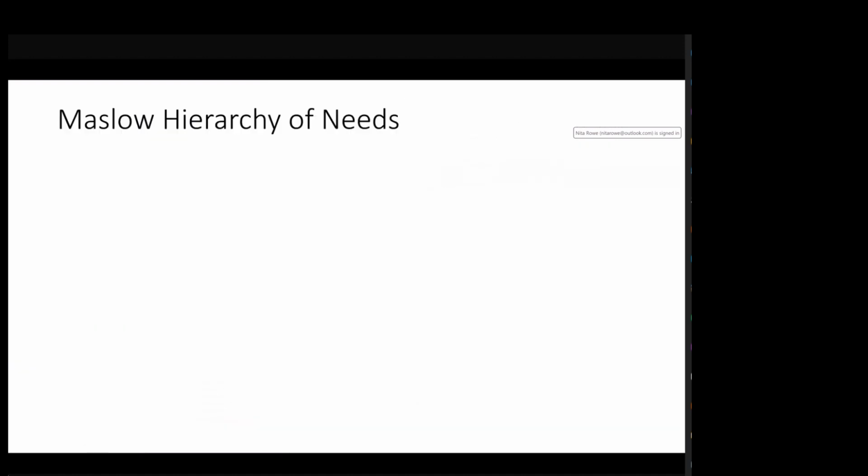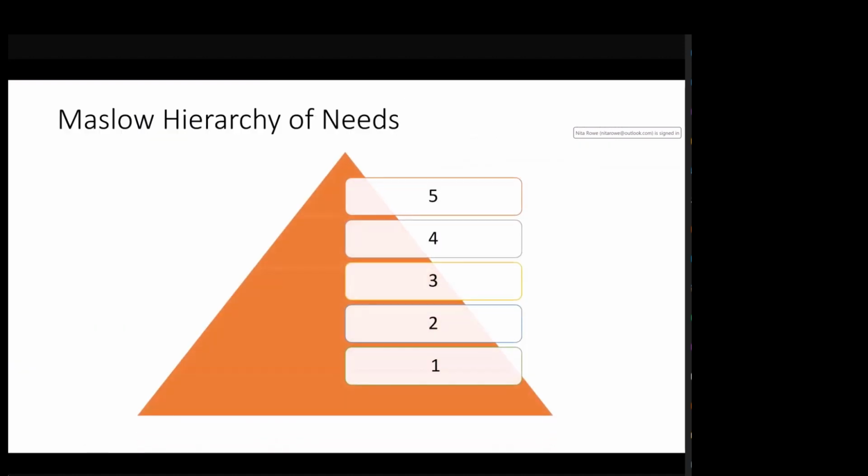All righty. Maslow's hierarchy of need. Number one. What's number one? You can look in your book if you want. Okay, what's number two? Okay, number three.